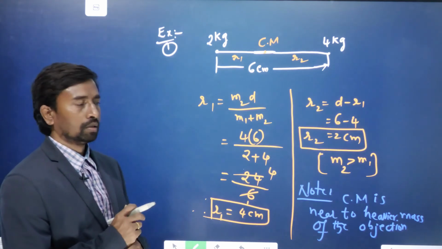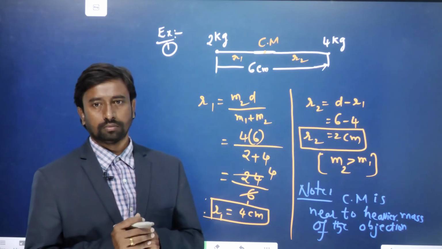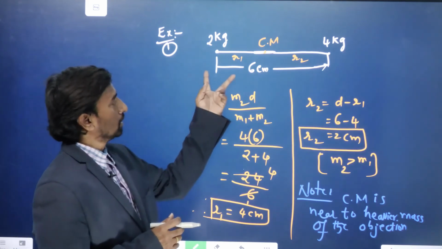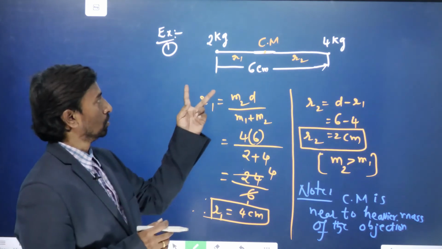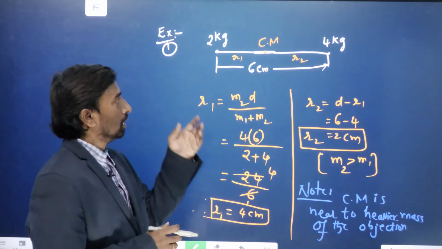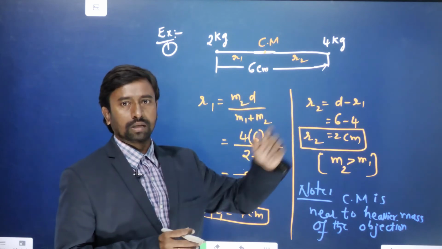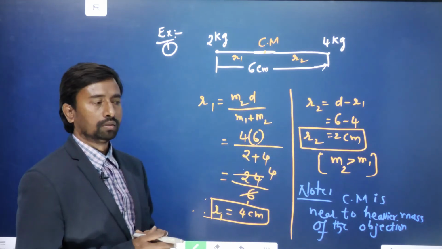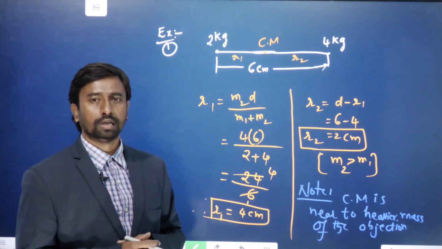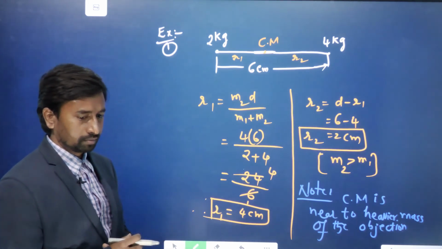Before going to that, the general formula. Here we have seen a system of only two particles. Suppose n number of particles are placed along the x direction or along the y direction, then what is the general formula for the center of mass? That we will see.